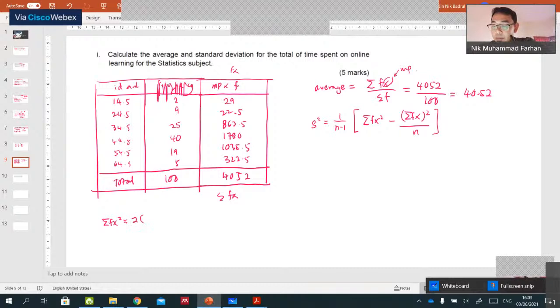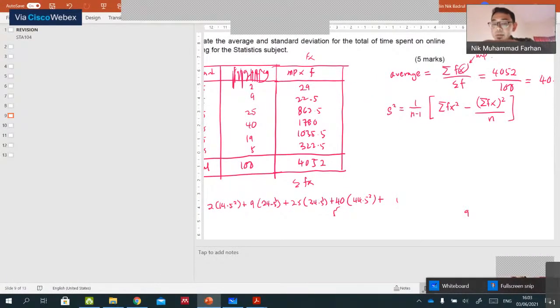You darab lah 2 darab 14.5 square tambah 9 darab 24.5 square tambah 25 darab dengan 34.5 square tambah 40 darab dengan 44.5 square tambah 19 darab dengan apa macam ni pula ni.